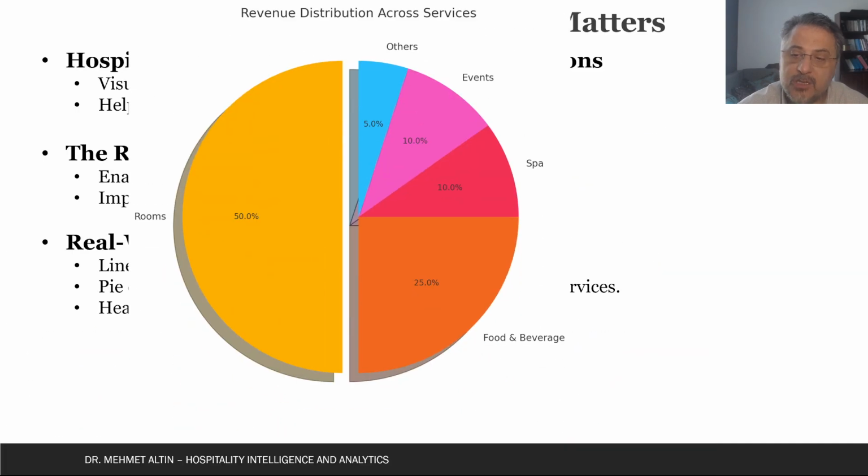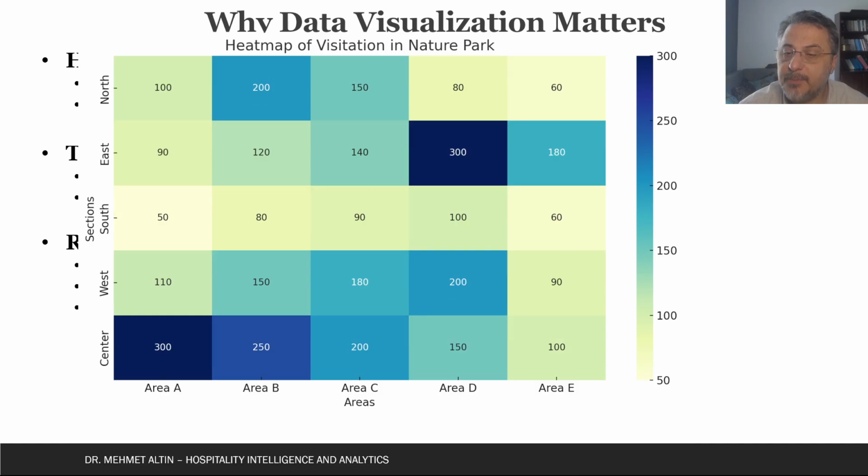A pie chart can help, say, restaurants show how much revenue comes from dine-in versus takeout. Of course, there are others like events, spa, rooms, but just to give you an idea. A heat map might show which areas of, for example, a nature park are visited most, helping managers make adjustments.